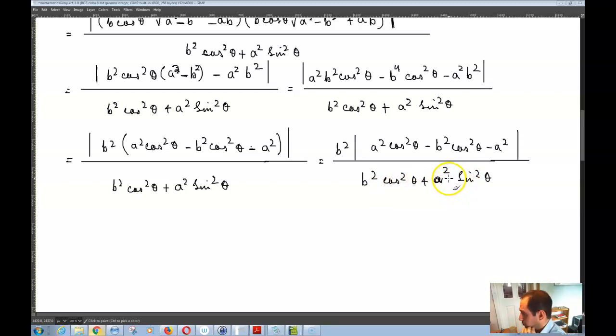And of course, these are not necessary anymore. And so here I have a squared cos squared theta minus b squared cos squared theta minus a squared sine squared theta minus a squared cos squared theta.